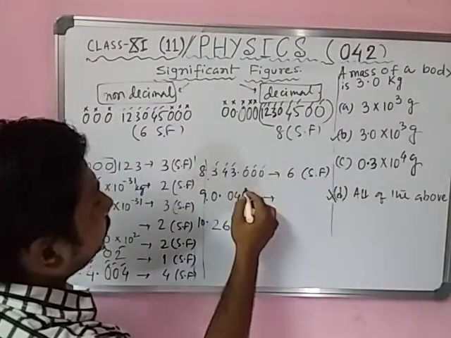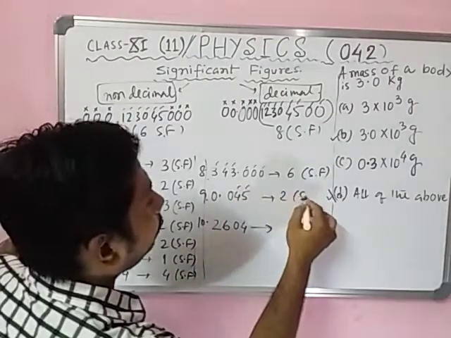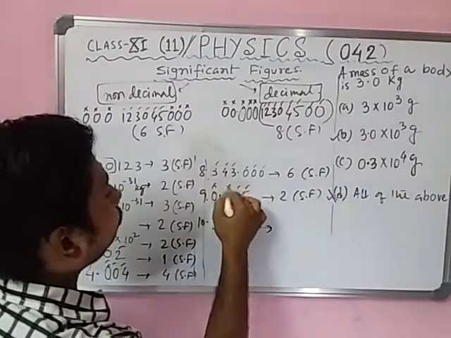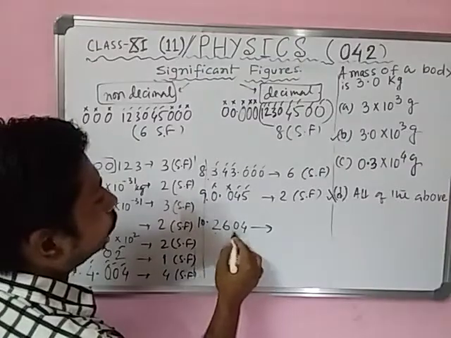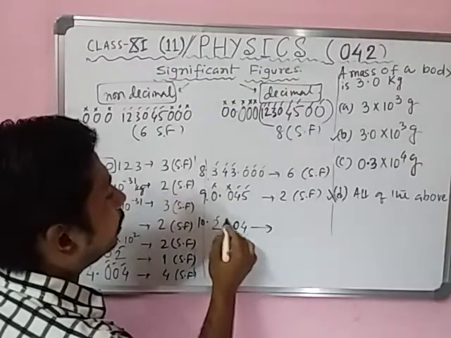In number 9, we can ignore the front zero, so 2 SF. And number 10, the middle zero you have to count, so 4.